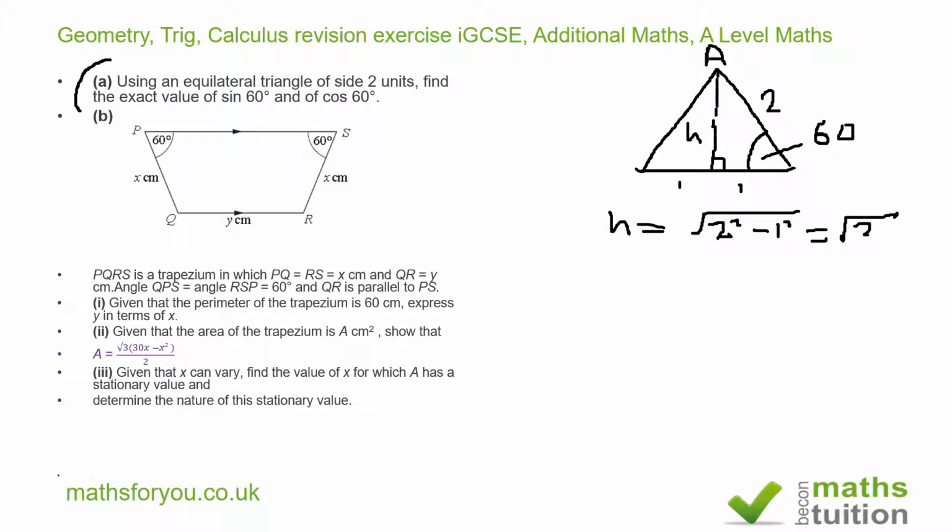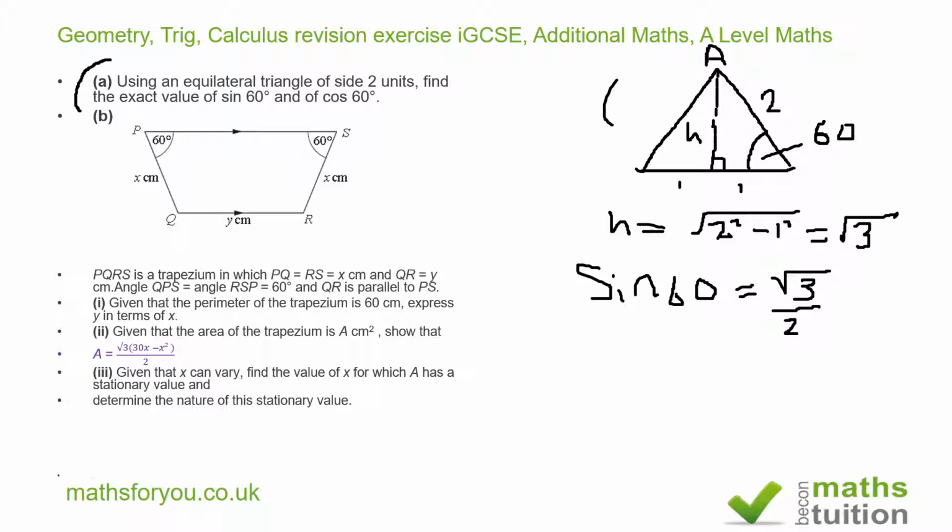Okay, so H is root 3. Now, the sine of 60 from this diagram will be H divided by 2. And we know that H is root 3, so the sine of 60 is root 3 divided by 2.